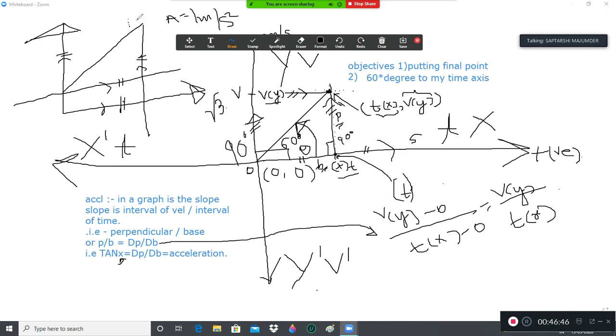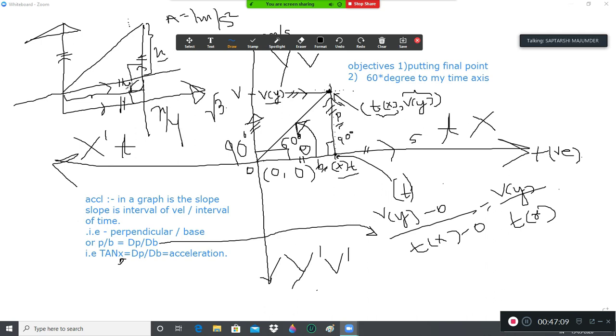Just drop a perpendicular to this, so that this is 90 degrees to this, and you just take the value of this one only, and you know the value of this one. Now divide x by y.